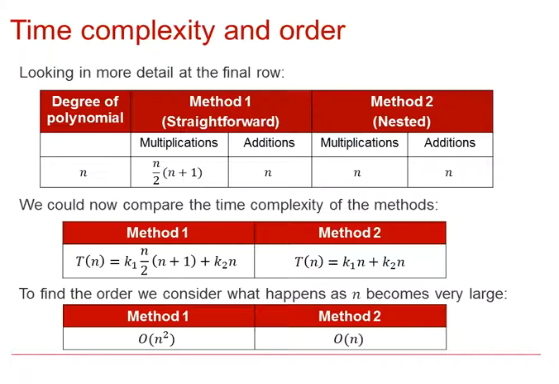For method 2, you can see that the time complexity function was based merely on K1n plus K2n, where K1 and K2 are constants, and therefore for method 2 it is simply of order n. Clearly then, as n grows, in other words the number of items in a list or the number of vertices in a network, method 2 will be far less complex than method 1.